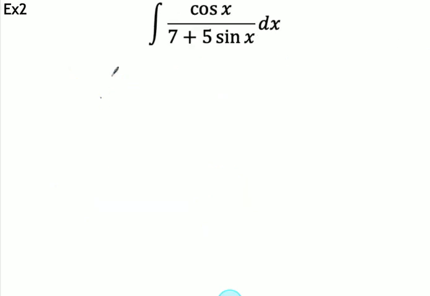This one again, it's a little trickier to spot this time. However, if you were to differentiate the denominator, you would get something related to that numerator. So again, we are going to try guessing that the function was something like this.